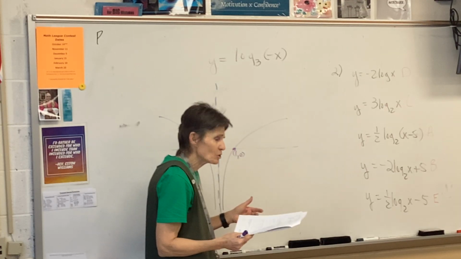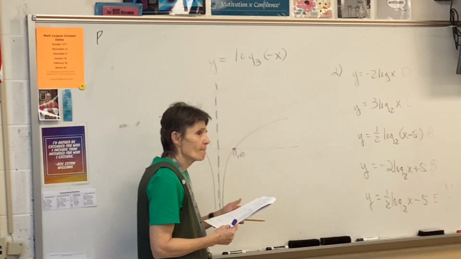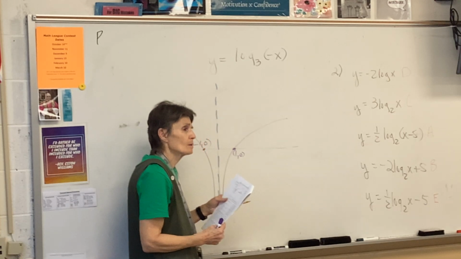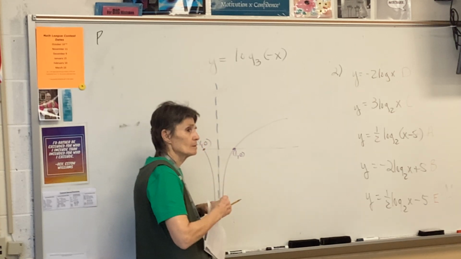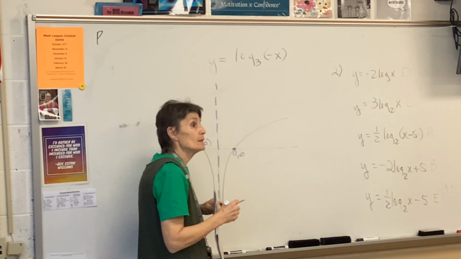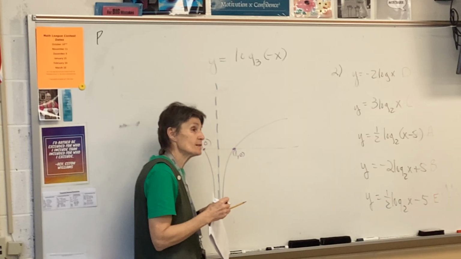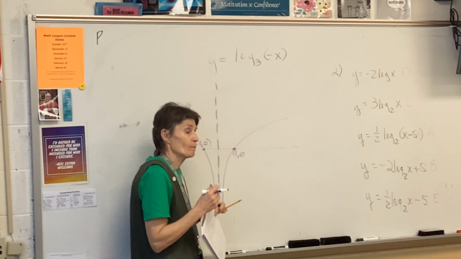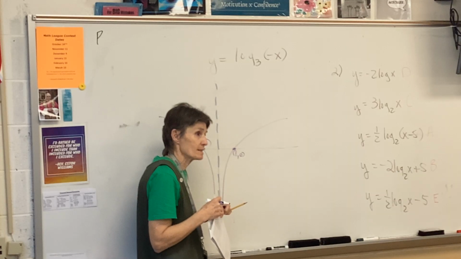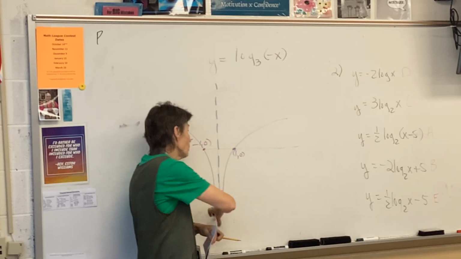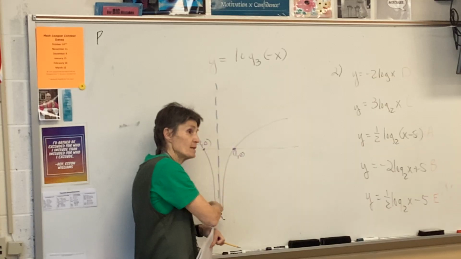I'm just wondering how you get there. Is it because all the x values are going to be negative then? Is that right? Changing the sign on x reflects you across the y-axis. So all the points that were on the right are now on the left.